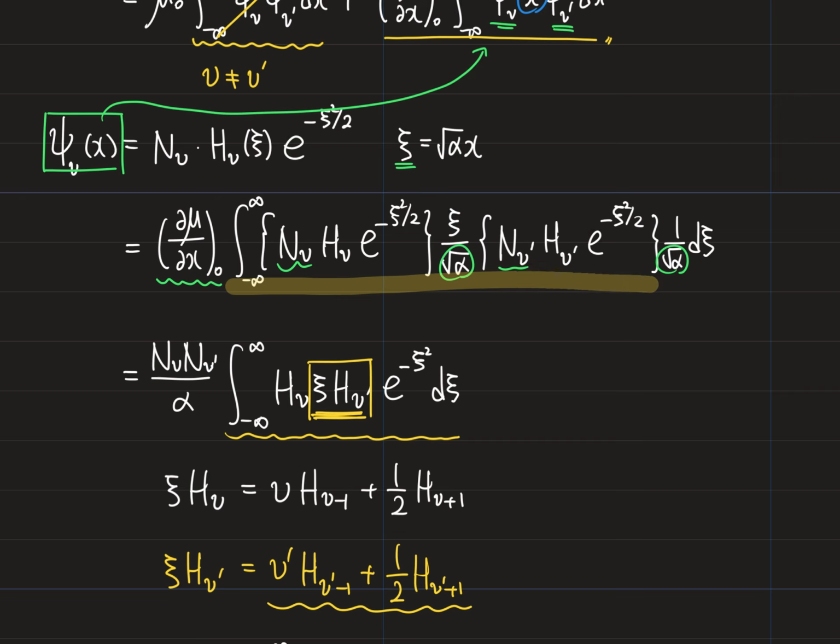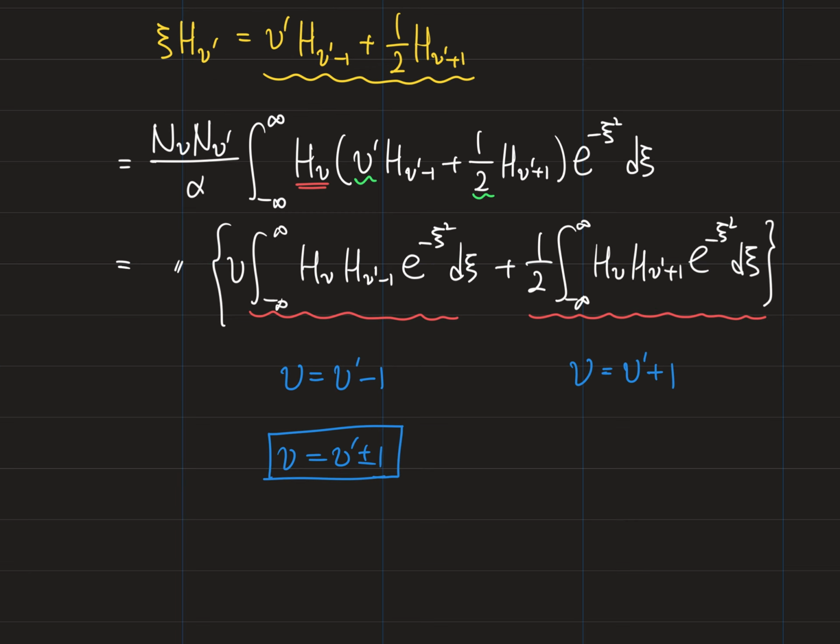But even though we have a non-vanishing value for this integral, what happens if this constant is 0? No matter whether this integral is 0 or not, if we have a 0 value for d mu over d x, then it is just 0.